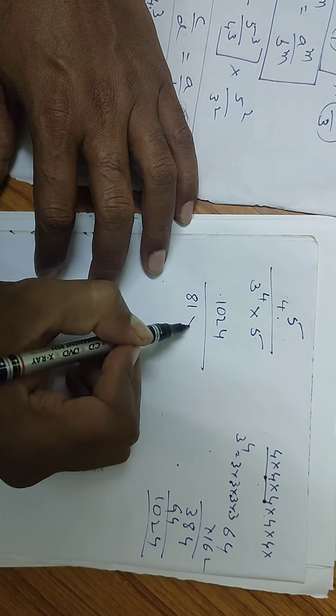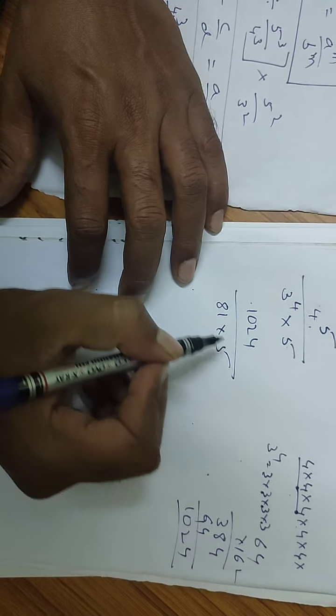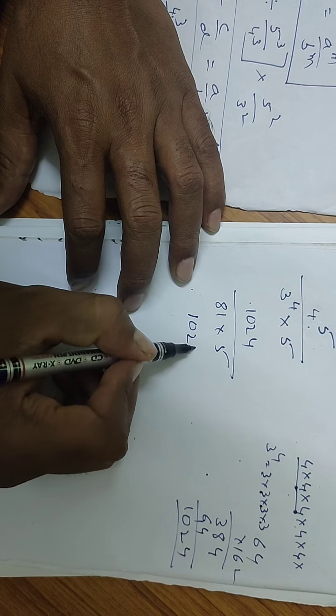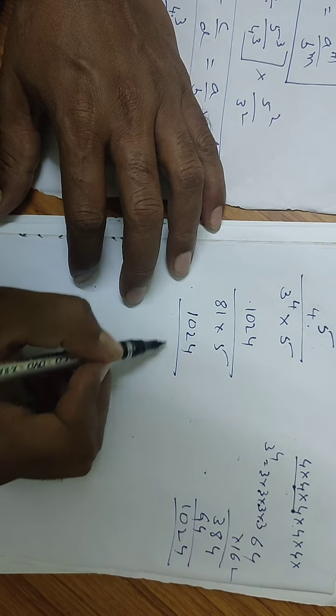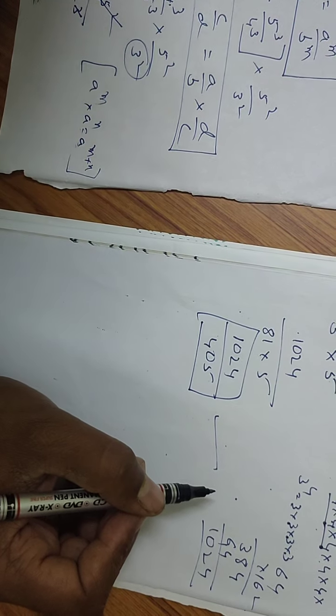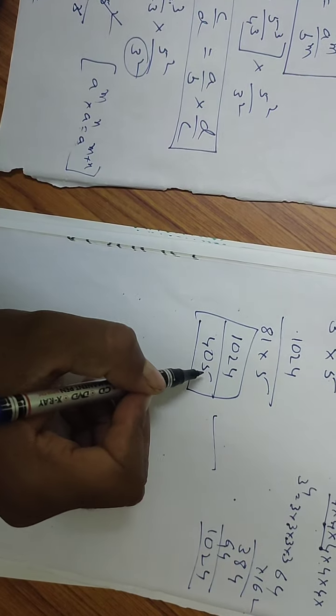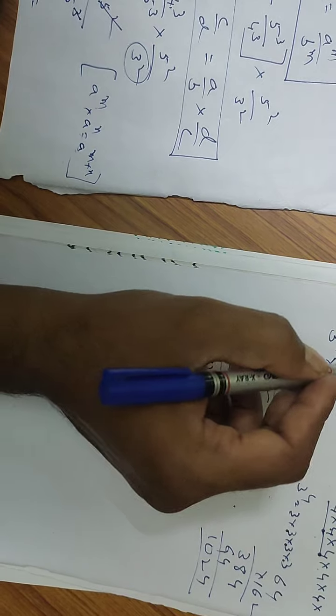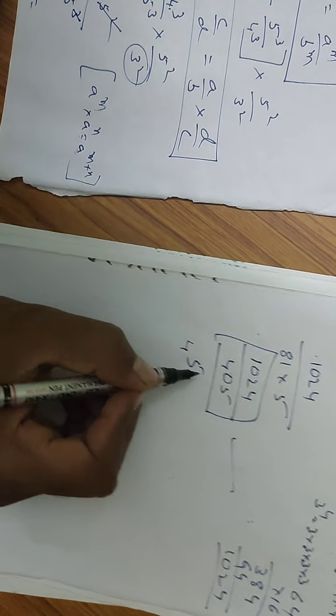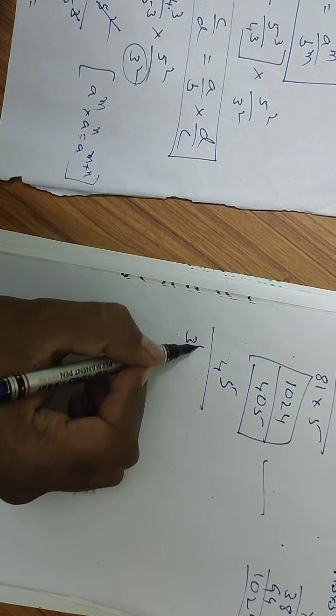So you are getting 81 into 5. 81 into 5, if you do it, 5 ones are 5, 5 8s are 40. So 1024 by 405.